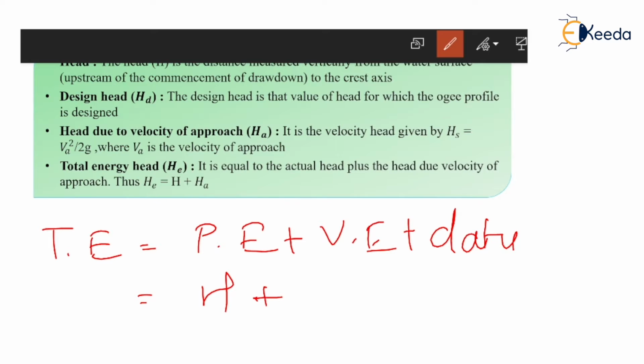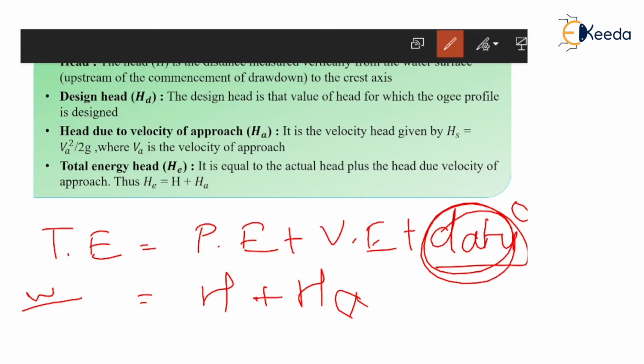And the velocity we are neglecting, considering this will be at a water free surface, so it becomes zero. Here the head due to the velocity of approach is HE. So HE becomes H, or the design head, plus the head due to the velocity of approach.